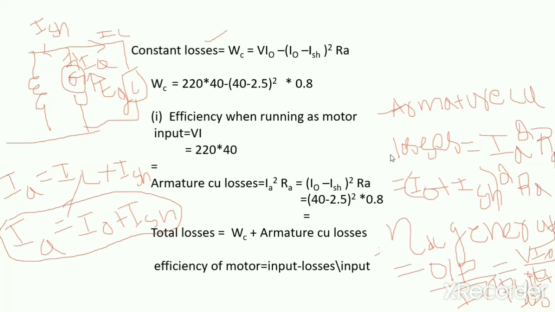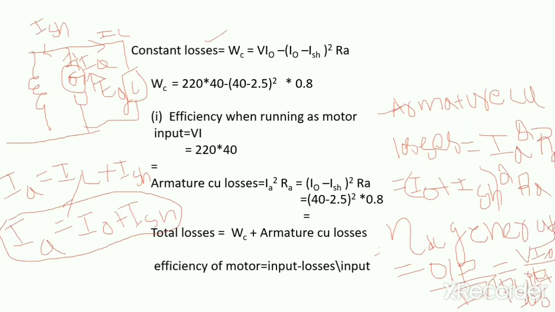Therefore we calculate IA square RA, and then we calculate the constant losses, that is WC. Iron losses and frictional losses are the constant losses. What is the formula for constant losses? That is WC equals V I naught minus IA square into RA.